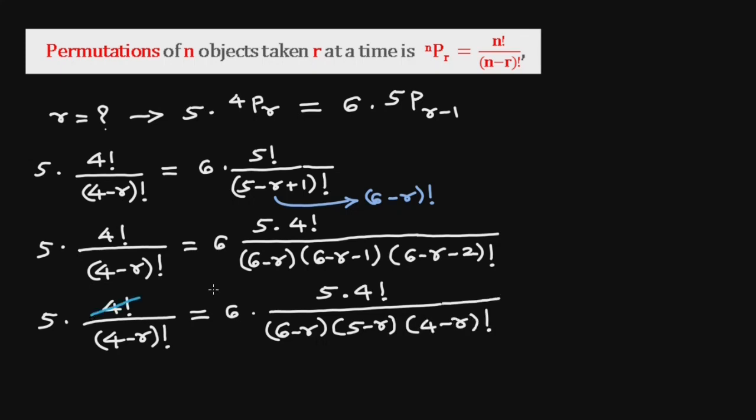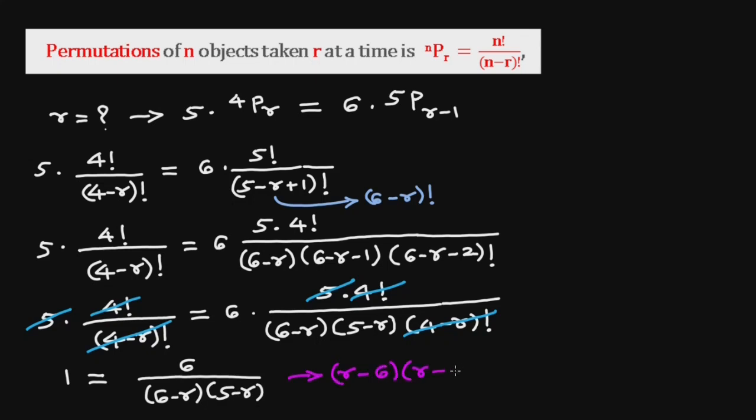Cancelling this 4 factorial from numerator and 4 minus r factorial from denominator and this 5 from the numerator, we are left with 1 equals 6 upon 6 minus r into 5 minus r, which will be r minus 6 into r minus 5 equals 6, which is r square minus 11r plus 30 minus 6 equals 0. r square minus 11r plus 24 equals 0.